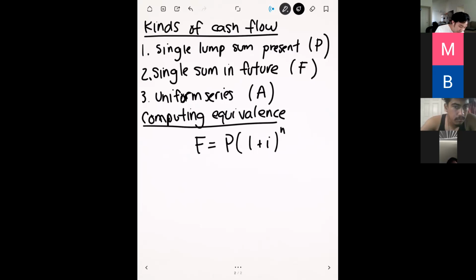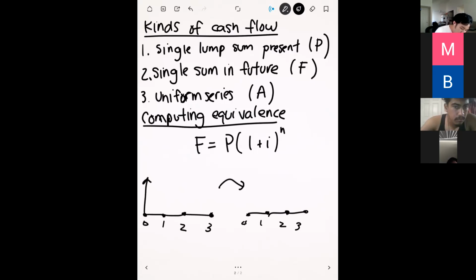Okay. So if we drew the cash flow diagrams for this, say that we have a single lump sum in the present. Okay.